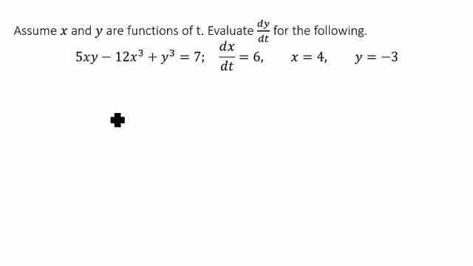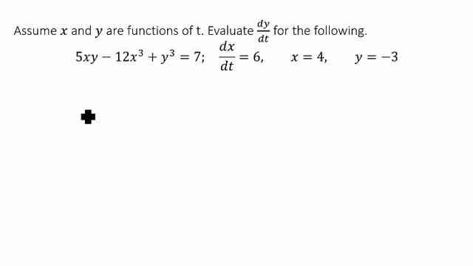The next question we have is: assume x and y are functions of t. Evaluate dy/dt from the following equation, 5xy minus 12x cubed plus y cubed equals 7, where dx/dt is given as 6, x equals 4, and y equals -3.